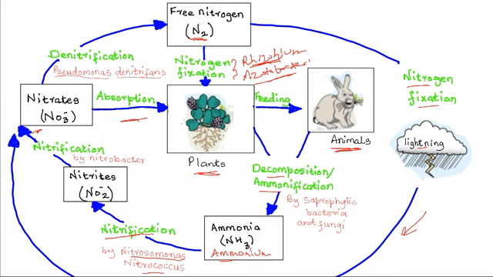Nitrites are poisonous to plants, and therefore they are immediately oxidized by Nitrobacter bacteria to form the nitrates. The nitrates are absorbed by plants and assimilated into proteins that make up part of the plant tissues.